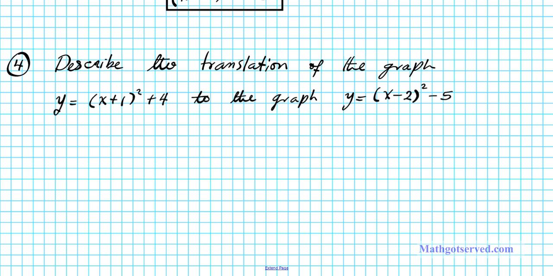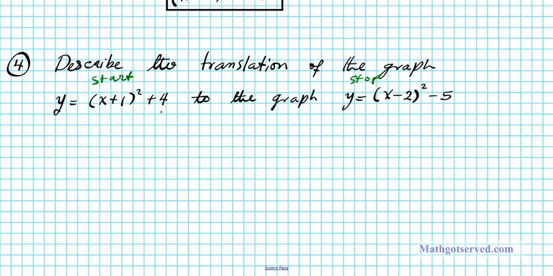Now, in order for us to accurately describe the translation, both the quantity of the move and the direction, we need to know where we're starting from and where we're stopping. So this is the starting quadratic, and then this is where you stop. Okay, so we have two parabolas that are being translated. So we need a common point on these two graphs.